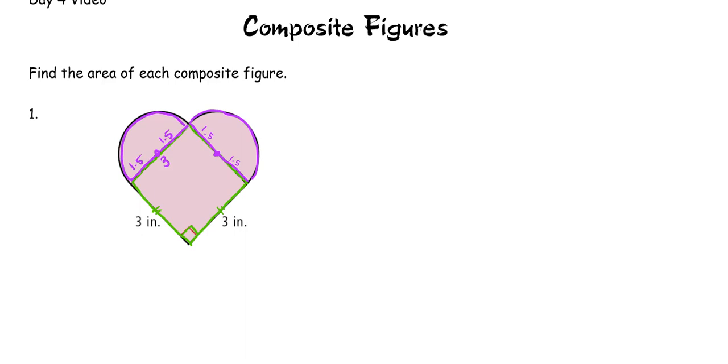What do I need to do in order to find the area of that shaded region? So in this case, my plan is to take the area of the square and add the area of the two semicircles. By doing that process, I'm going to have the area of the entire shaded region.